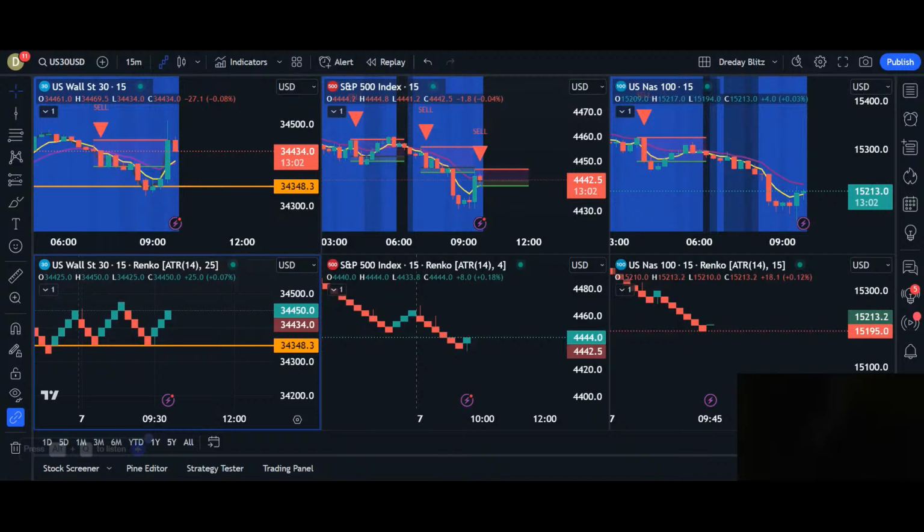So far I would be in US 30 for the buy, and for S&P 500 I would hold off because the Renko bars is not showing me the trend continuation going down. When the Renko bars is confirming that the trend is going down, this is when I would get in the trade.